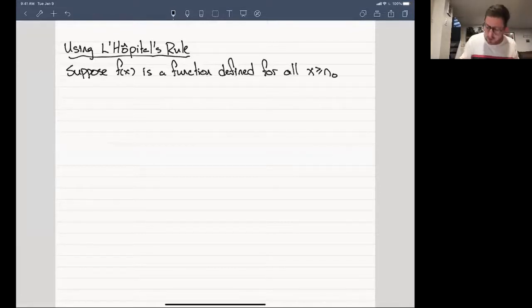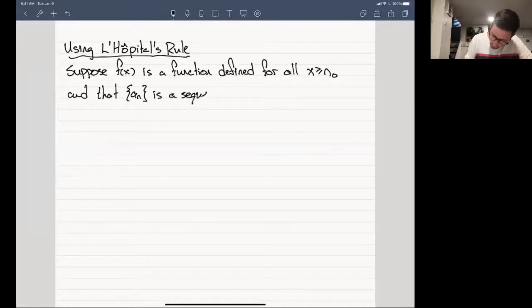So beyond some point, you have this function defined, and that an is a sequence of real numbers. Again, it's always a sequence of real numbers, so I'm not going to write that, such that an is equal to f of n, right?